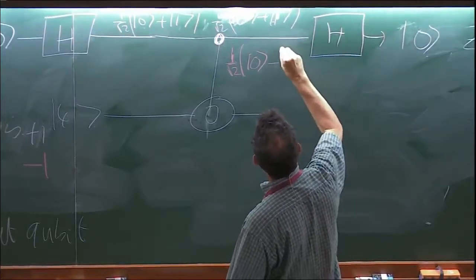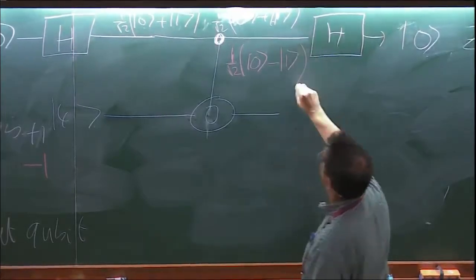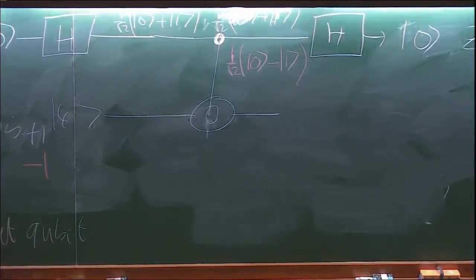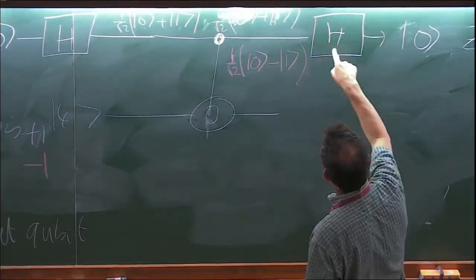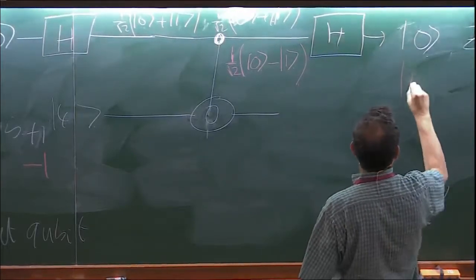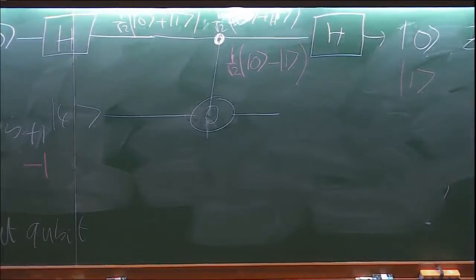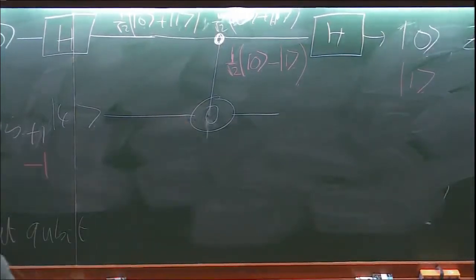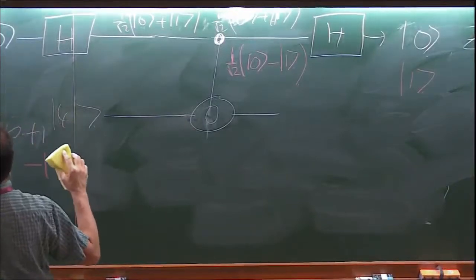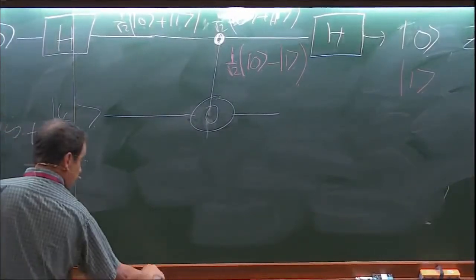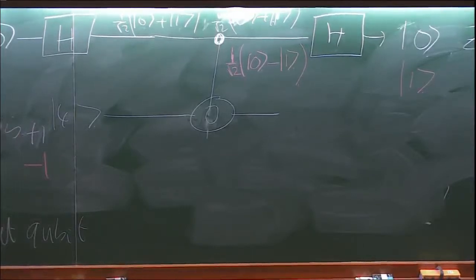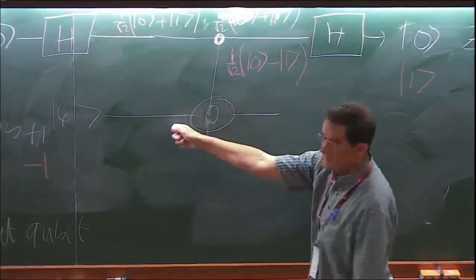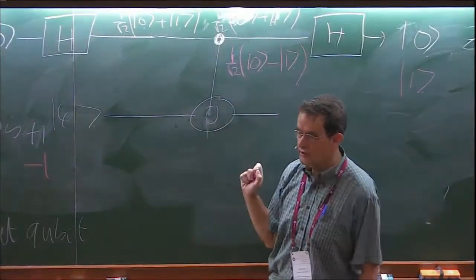So it's minus 1. And then this state acted on with the Hadamard gives you 1. So we measure x, and from that you can tell whether this state psi has eigenvalue plus 1 or minus 1 for the operator O.